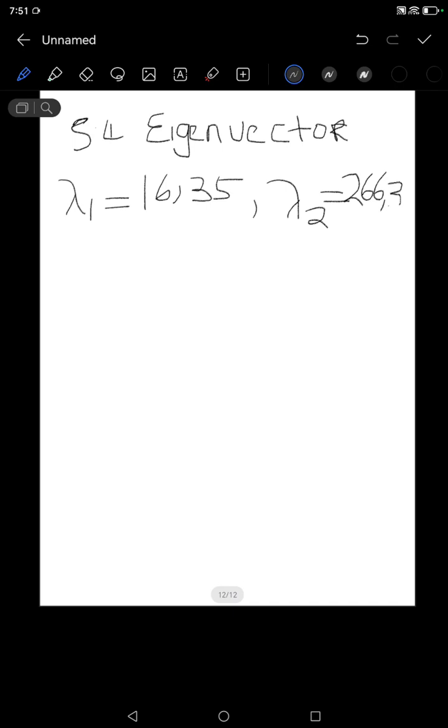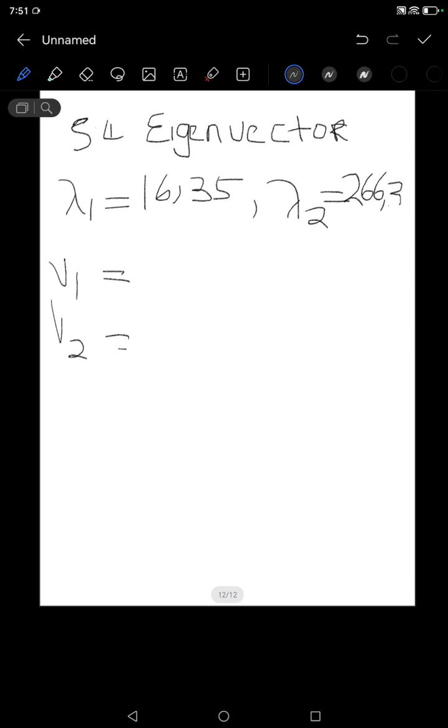Okay, and then this is our eigenvalue, and to determine the eigenvector, we have the formula. For the eigenvector, we're going to have vector 1 and vector 2, since we have 2 eigenvalues. So we're going to have v1 and v2.